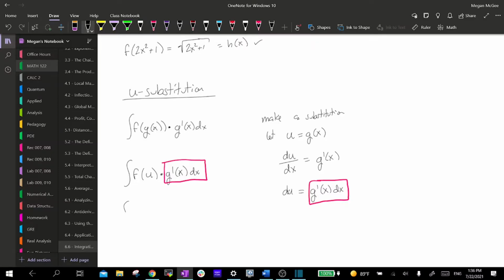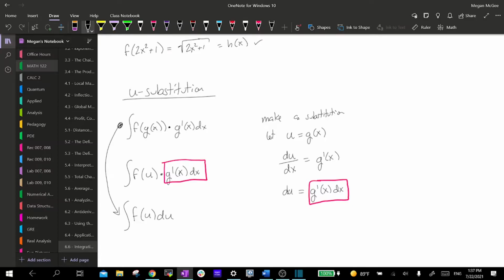We're going to end up with the integral of f of u du, and that's it. So the act of doing a u substitution is taking us from here to here, and basically simplifying our integral so that we actually can take the integral.